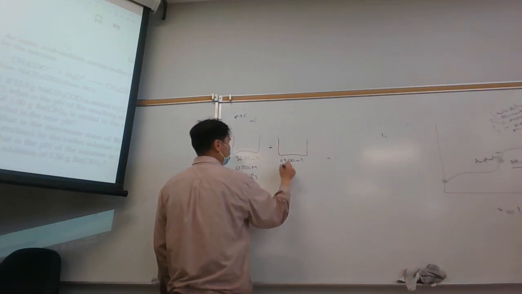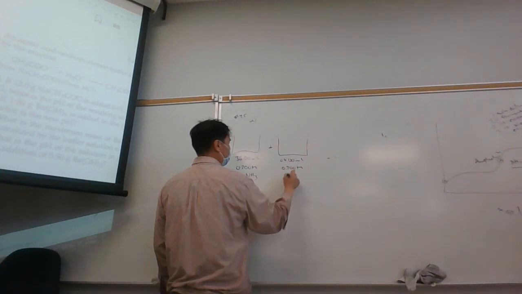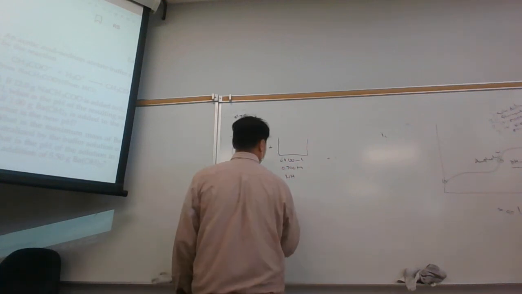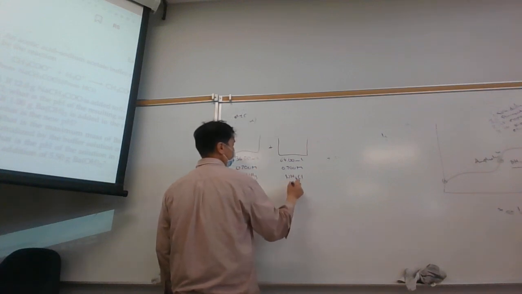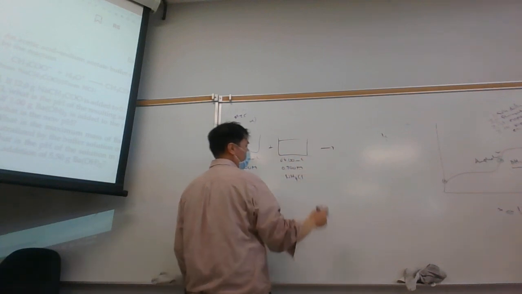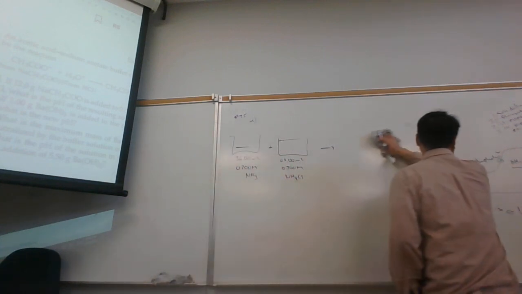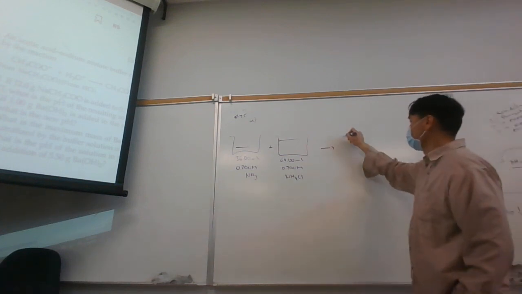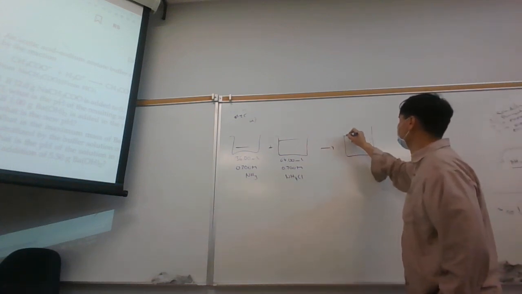64.00 milliliters of 0.200 molar ammonium chloride. So when we combine these two solutions, I'm going to get a total of 100 milliliters.